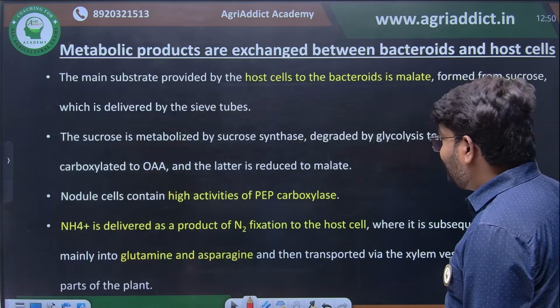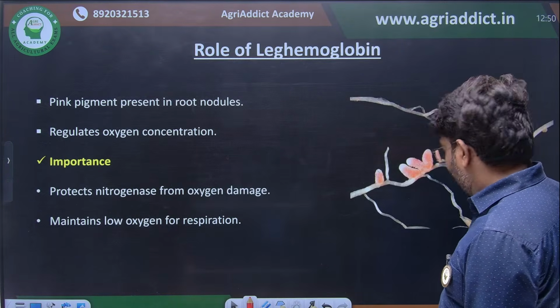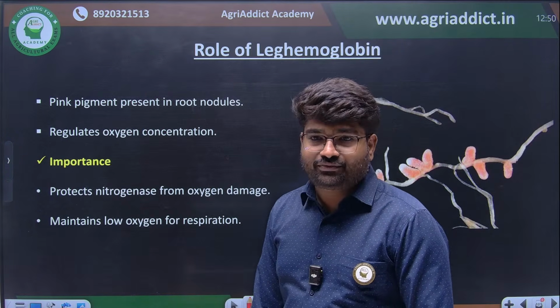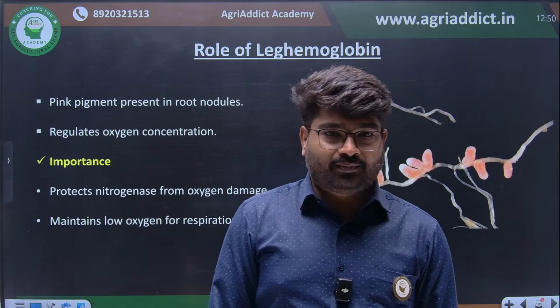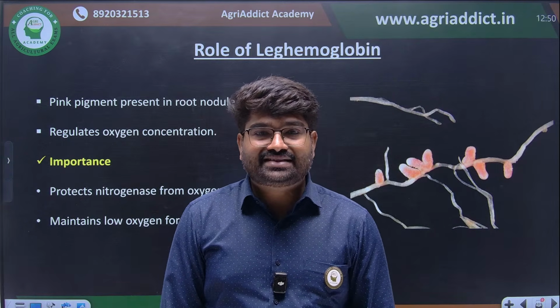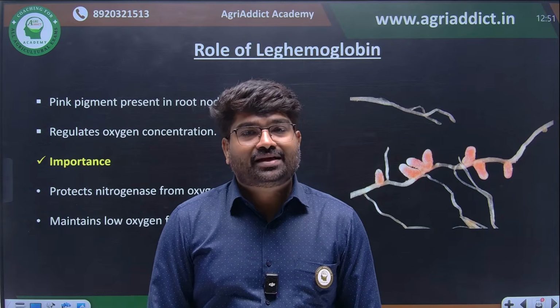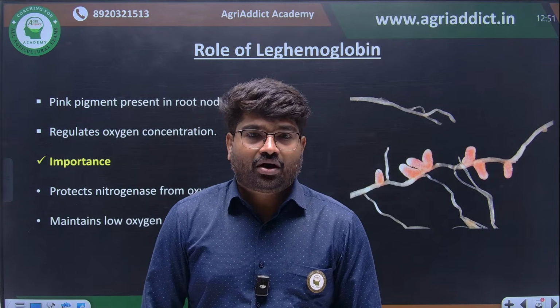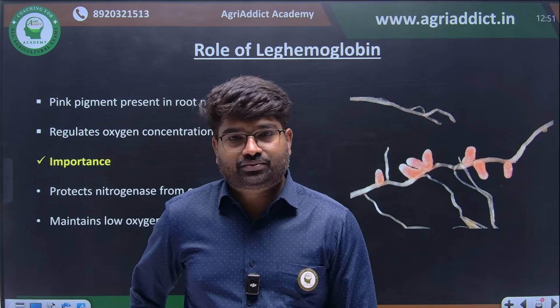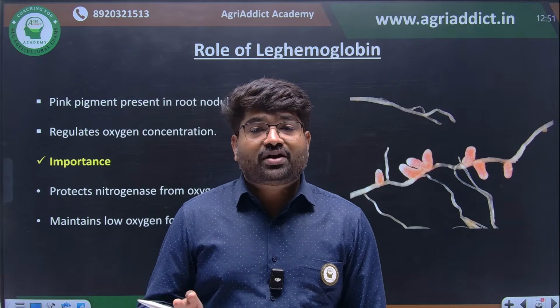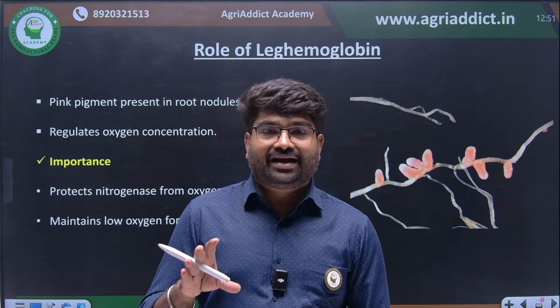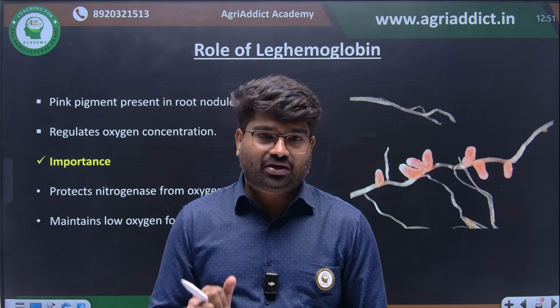Another most important thing, I already told the characteristic feature of the nitrogenase enzyme. It is highly sensitive to oxygen. But the rhizobium requires oxygen. It is an aerobic bacterium. Which component is protecting the nitrogenase from oxygen sensitivity?